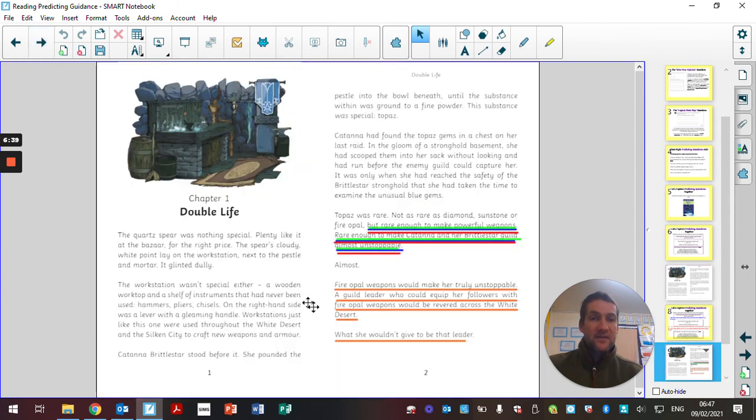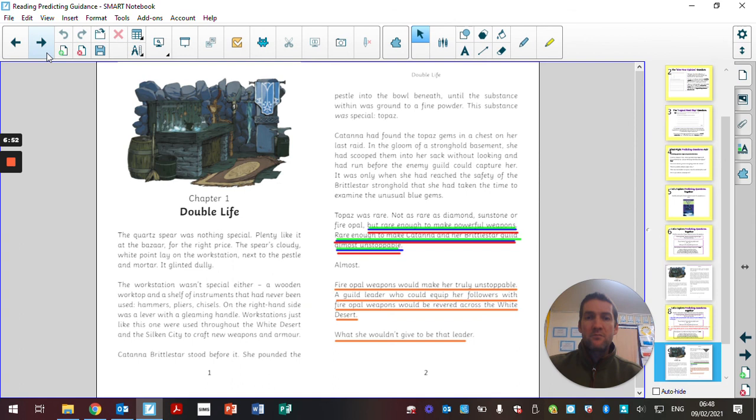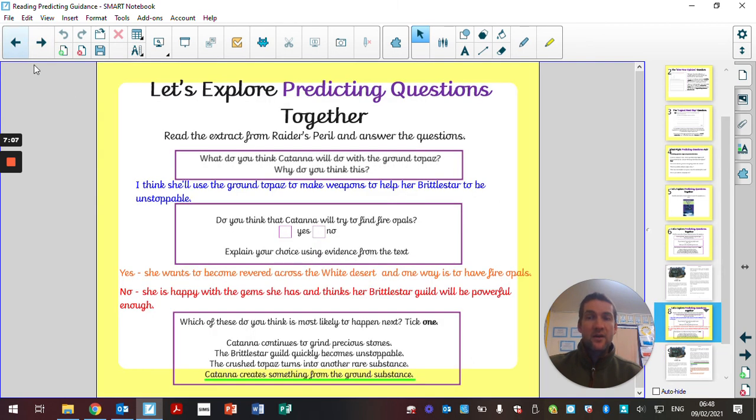If we have a look in the text, you'll see those different colours indicating where I have used that evidence to help me answer those questions. You may notice that some of the information within that text supports multiple of those questions. So just take the time having a look at your answers and at the answers that I got.